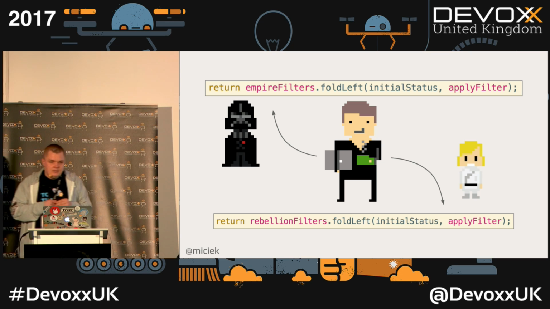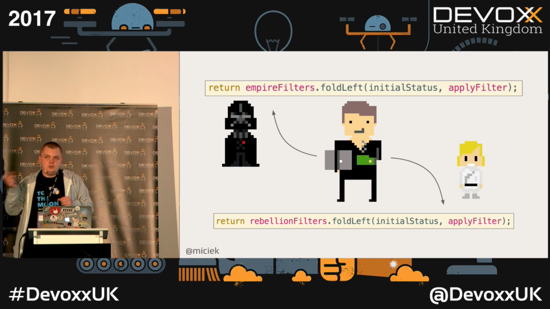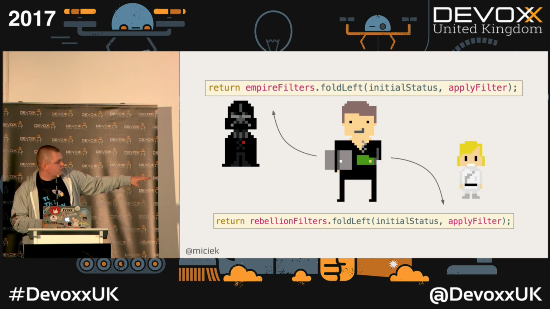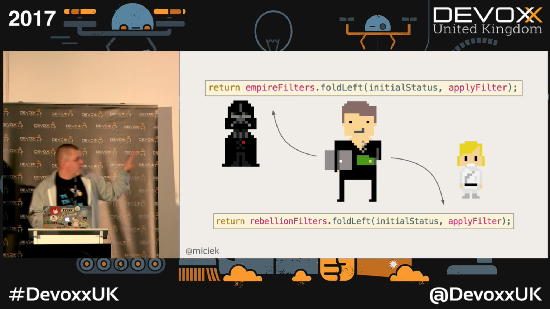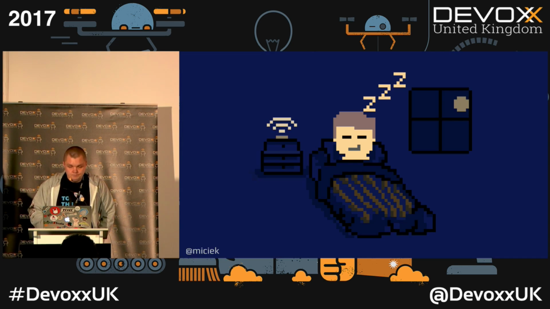The cool thing about that is whenever the rebellion is winning, or whenever the Empire is winning, we can just switch the lists. We just need to change one line of code. We can use rebellion filters, Empire filters, or whatever other censorship modules. And whenever we don't want any censorship, we can just provide an empty list.